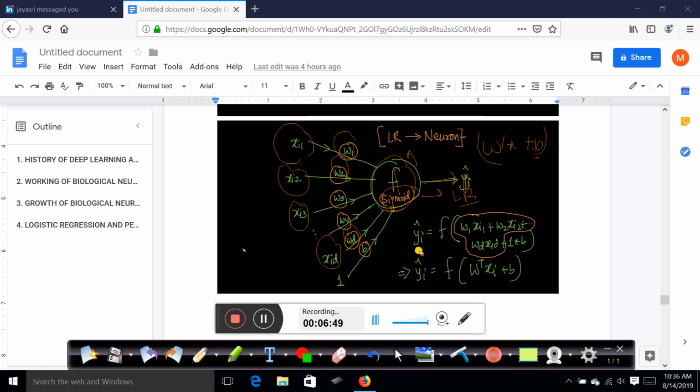Here yi hat is equal to the function of w1 xi1, w2 xi2, w3 xi3, up to wd xid plus b, which is equivalent to the function of w transpose xi plus b, which is nothing more than logistic regression. In this way we can represent the neuron model of logistic regression.